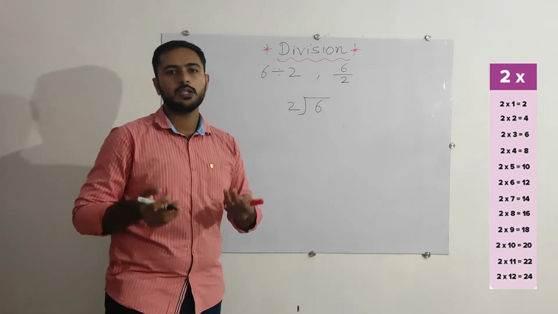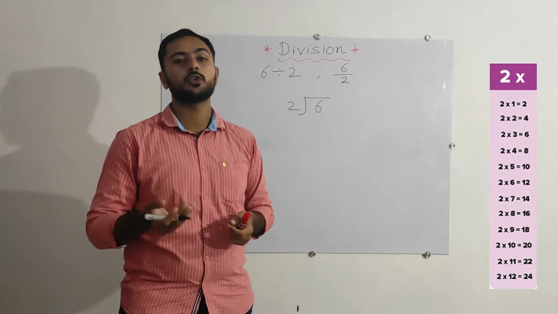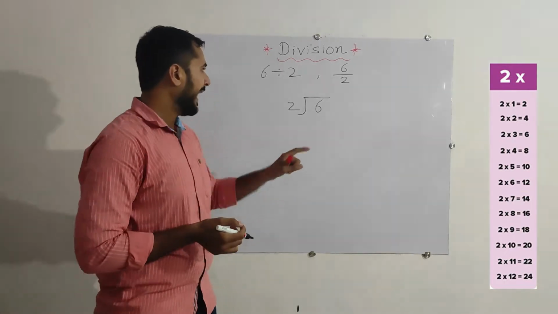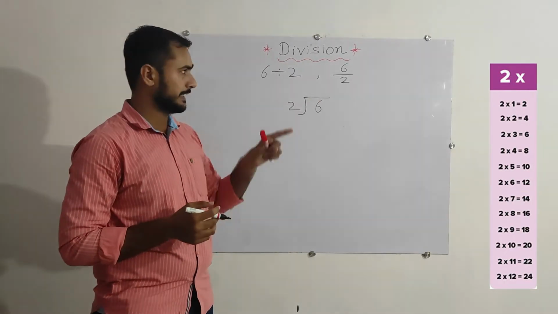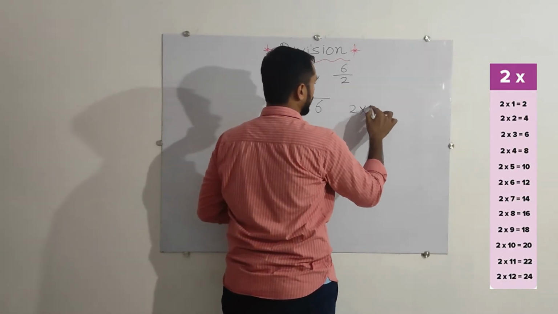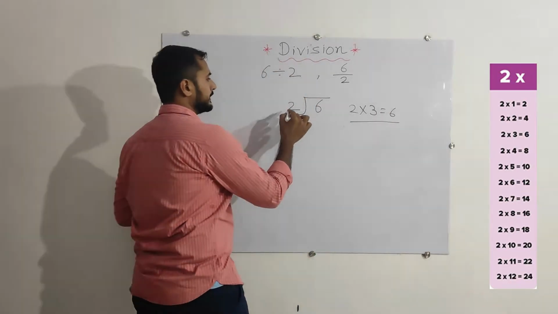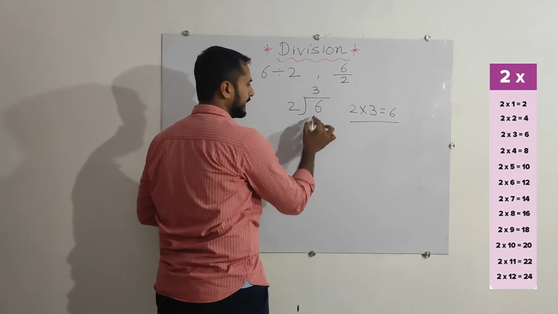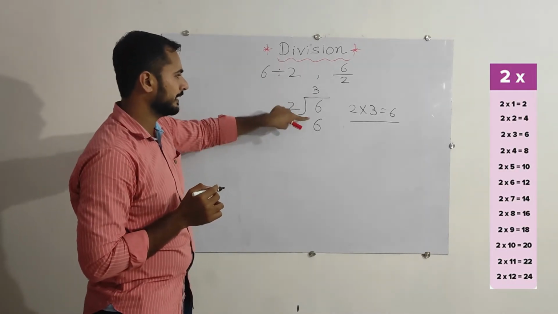So for the table for the 2, you can see over there, 2 1s are 2, 2 2s are 4, 2 3s are 6, 2 4s are 8, 2 5s are 10, like that. But we have to identify 6 in that table. So that is 2 3s are 6. So we'll write 3 here and 6 here.